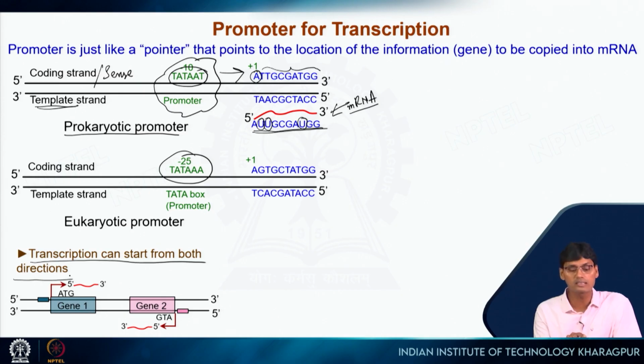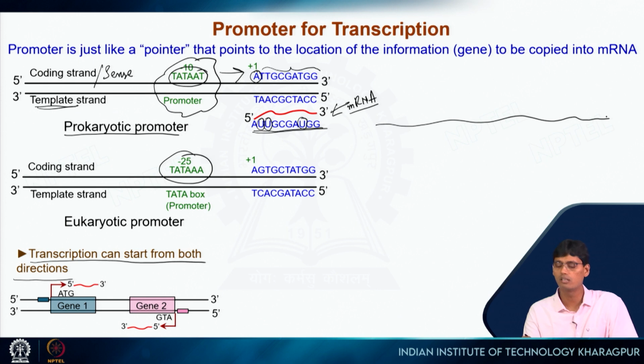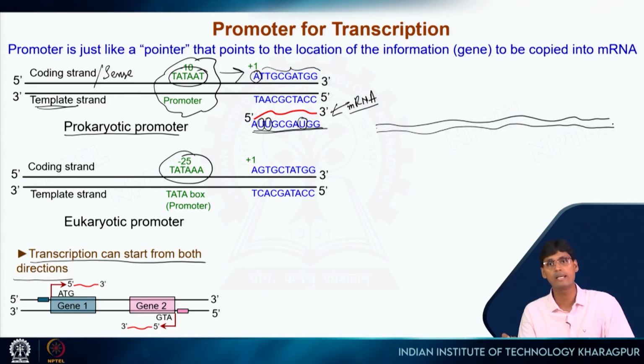But since I discussed the coding strand and template strand here, I want to clarify: if this is one long DNA, maybe here we have a few million bases, 5 prime to 3 prime and 3 prime to 5 prime, and a few hundred genes are also present.